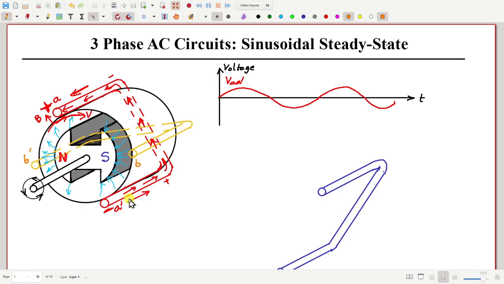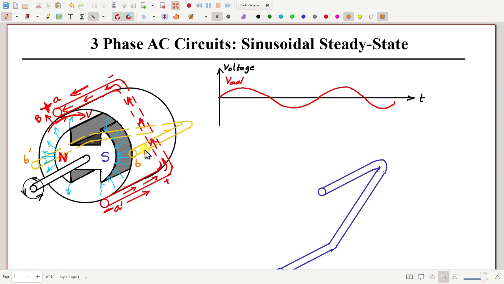Magnetic field same, but the phase will be different due to the voltage. Right, absolutely right. So see, this conductor BB prime is at a different point in space. So therefore there will be a phase difference between the voltage generated in AA prime and in BB prime.